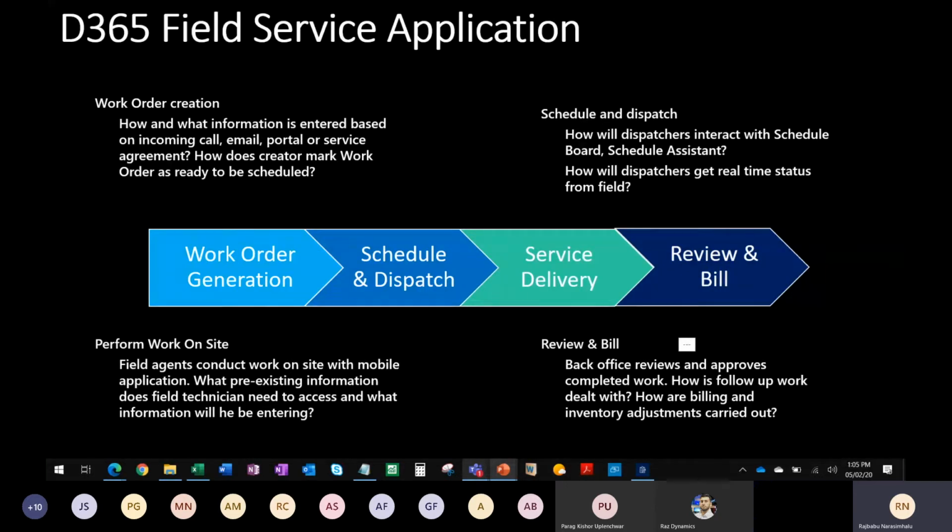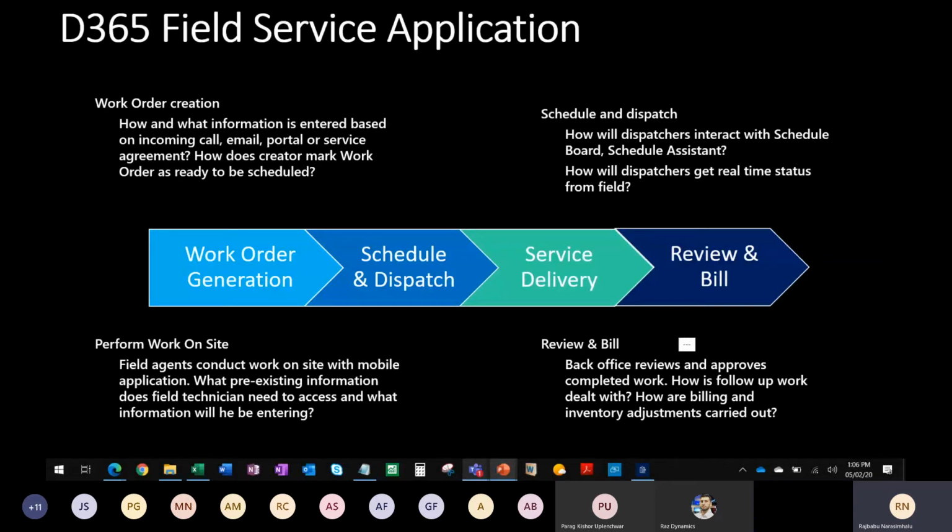Once the work order is completed, it comes back to the back office, either the call center, the dispatch organization, or maybe an administration clerk. They have to review what work order has been completed, and invoice for the work performed to the customer.